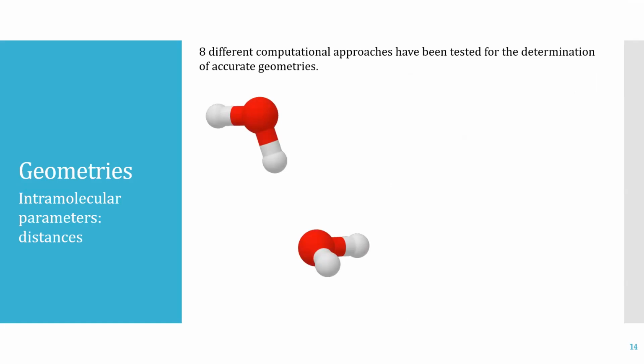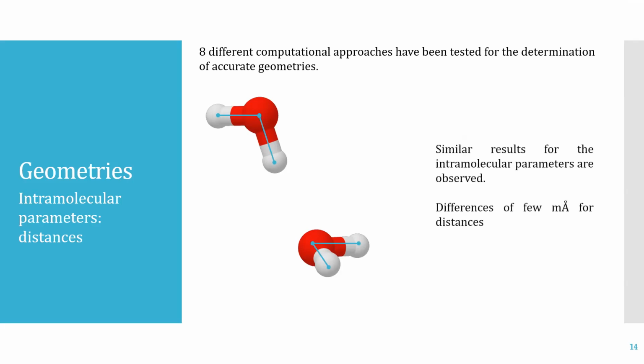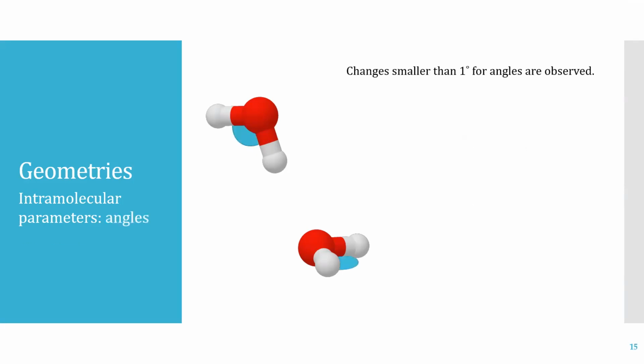So I take the water dimer as a test case, and we can focus on intramolecular distances, so the H-O bond within the same molecule, and these bonds are very similar among all the computational approaches that we tested, and the differences are of a few milliangstrom. So this parameter is not very meaningful.